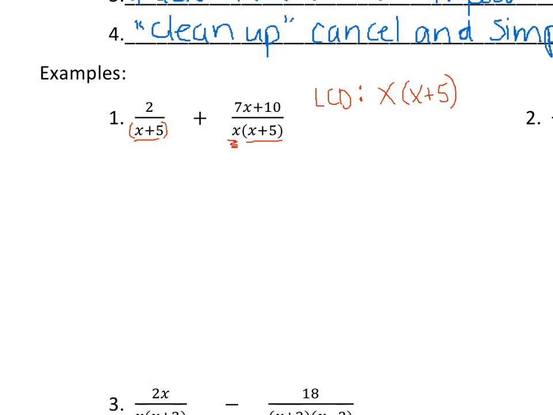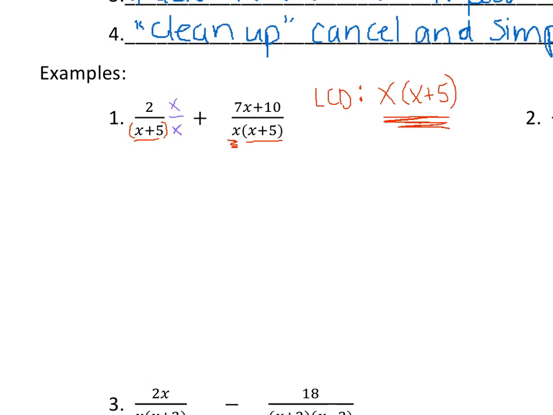Now in the first fraction, I need to get my denominator to look like this. The only thing that I am missing from that denominator is an x. So let's multiply the top and the bottom by x. When I do that, I'm not changing the fraction because I'm essentially just multiplying by 1. But whatever you do on the bottom, you have to multiply on top as well.